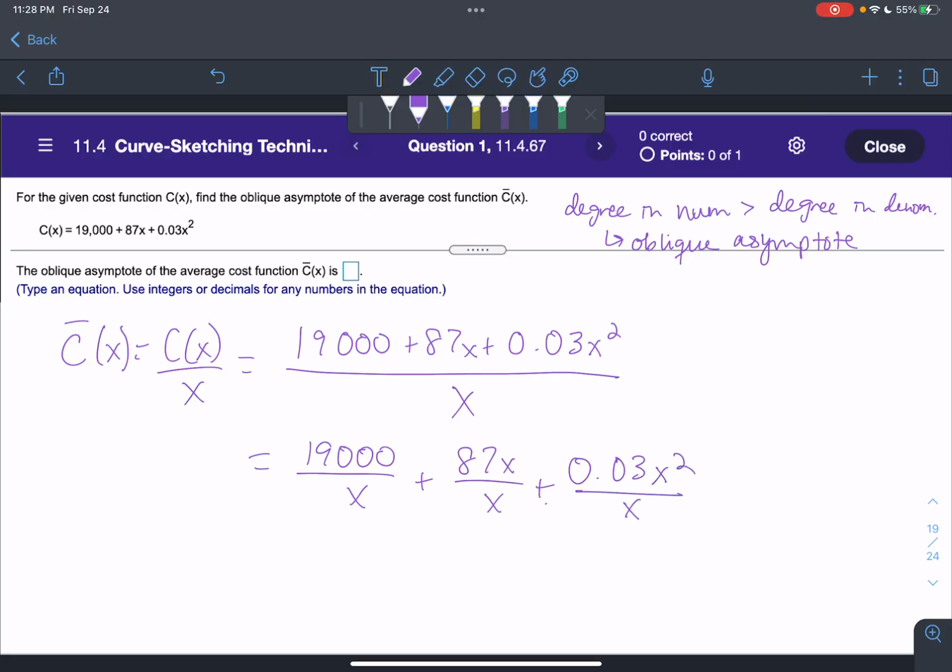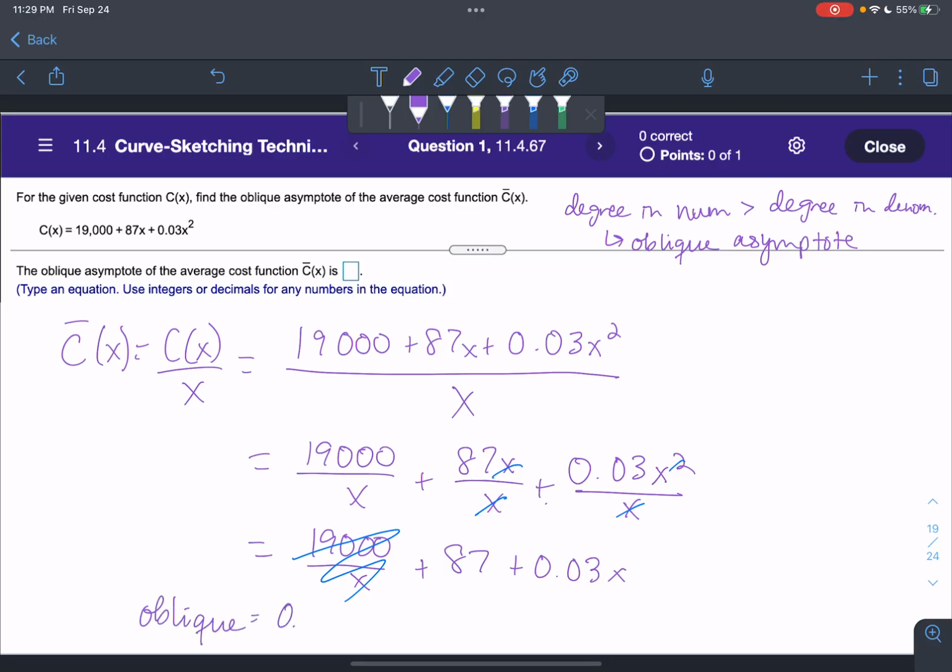Then these x's cancel, and one of these x's cancels. So I'm left with 19,000 over x plus 87 plus 0.03x. For obliques, we would drop this remainder term. That's a remainder. And so our oblique asymptote is going to be a line in the form of mx plus b.